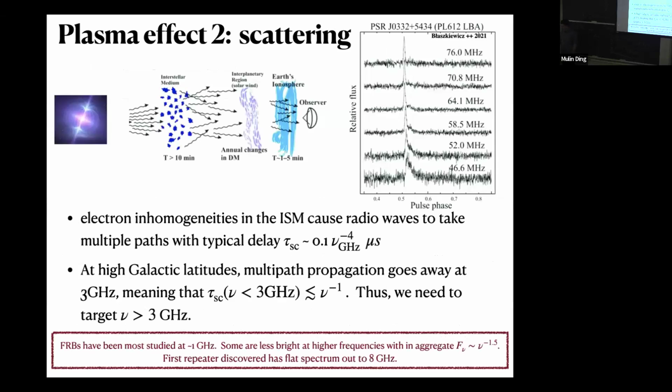Okay, so there's a second plasma effect, which is called scattering, which is a higher order effect. So I have my FRB, and its light, rather than thinking about it as traveling one path, will actually travel many paths through the galaxy.